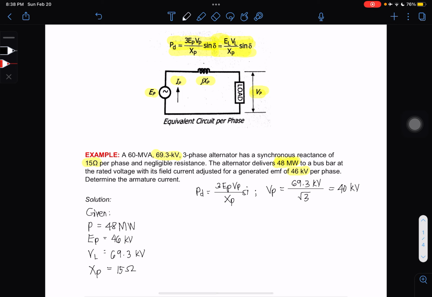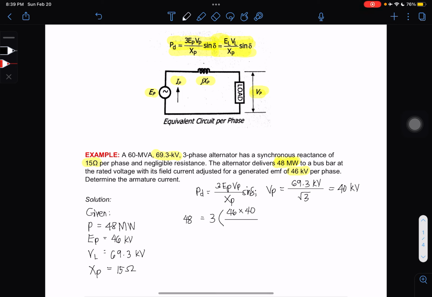So sin power angle. So atong power given 48. 3 EP na to 46. Since naka kilovolts tanan, so pwede na dili convert. Multiply sa atuang VP nga 40 kilovolts.